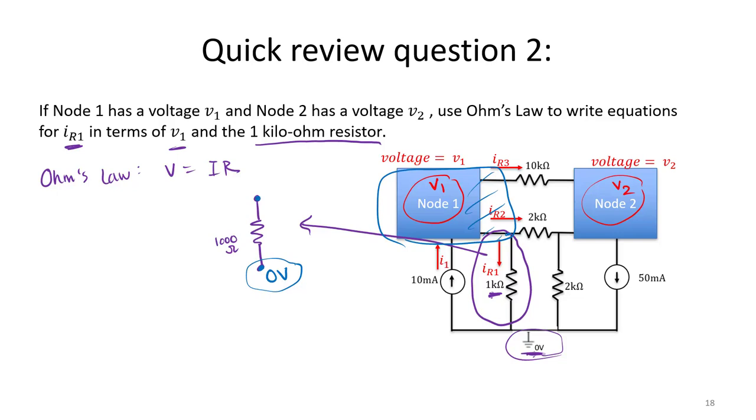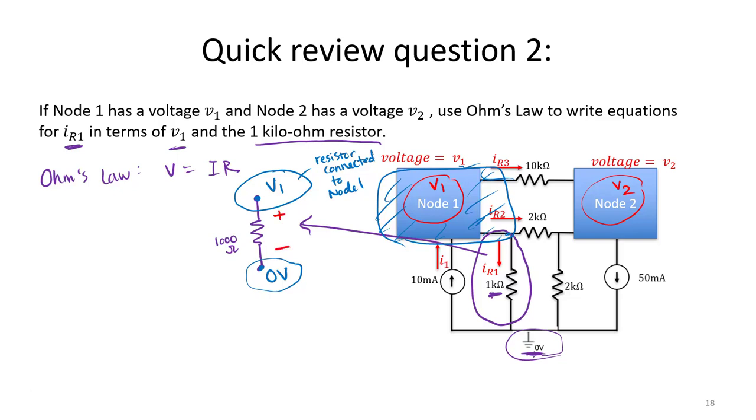So the top part of my resistor must be sitting at voltage V1 because my resistor is connected to node 1, and node 1 is all sitting at that voltage V1.